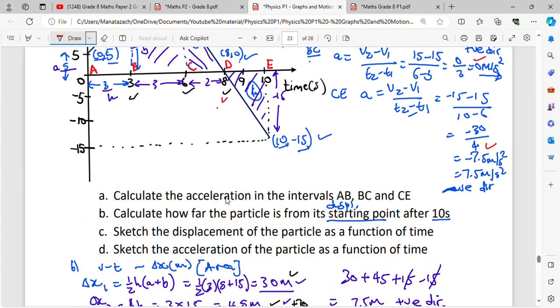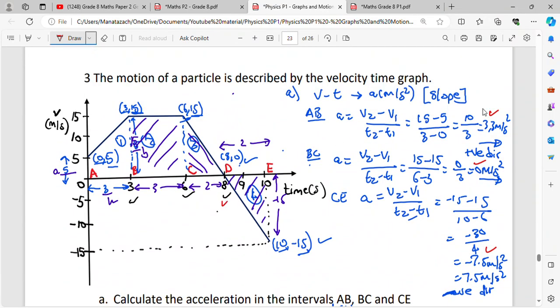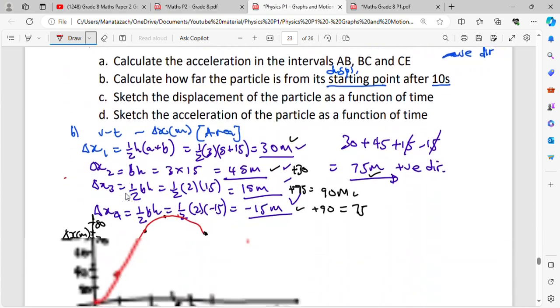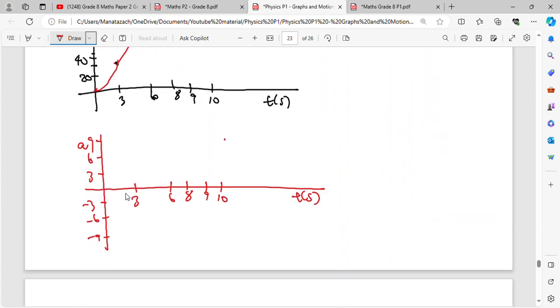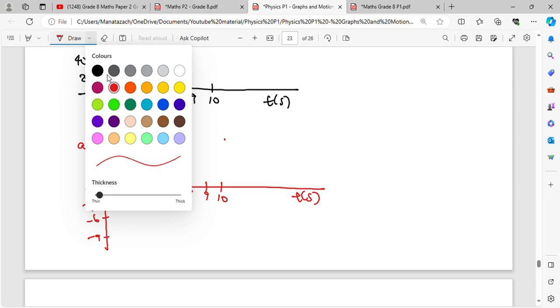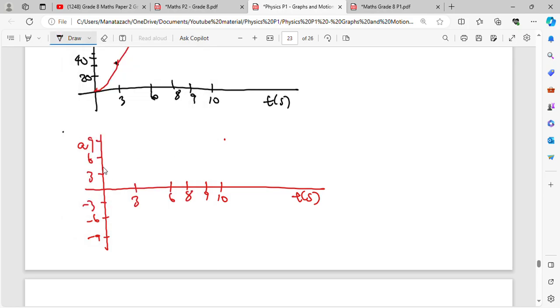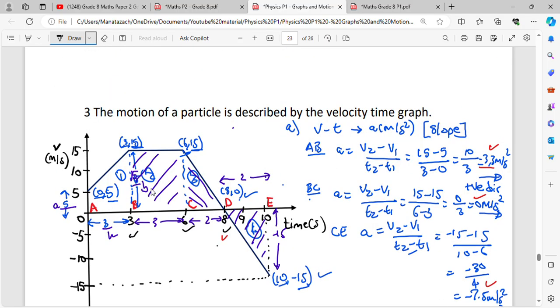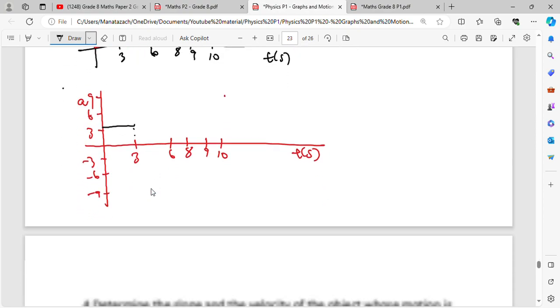The first acceleration, remember, 3.3. It will be so for 3 seconds, right? So we're going to, okay, let's just change the color to black. So 3.3 is somewhere here, just above 3 for 3 seconds. And then between 3 and 6, acceleration is 0.